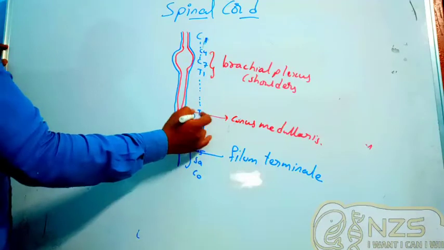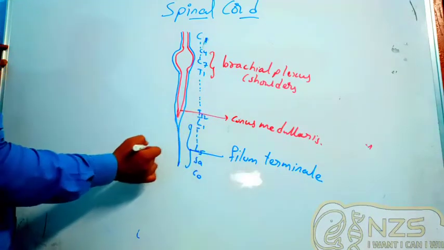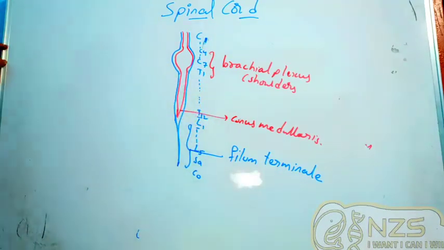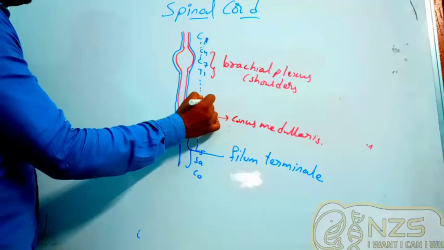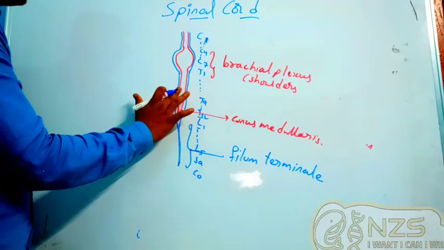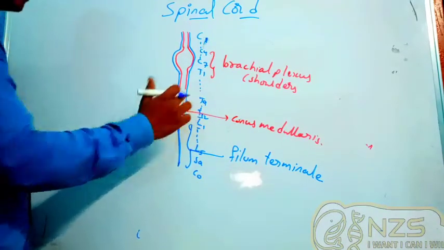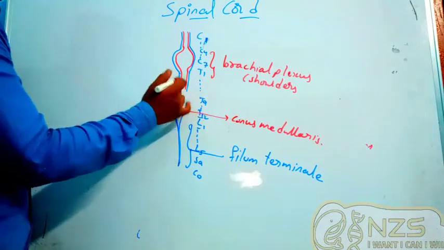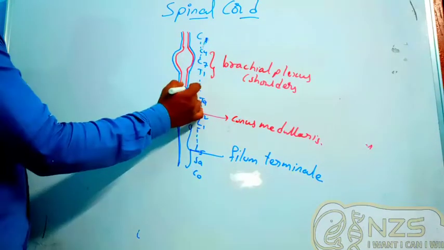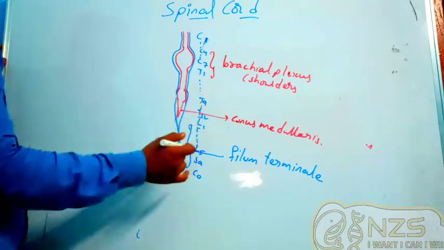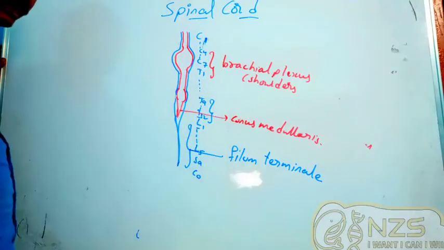And at the T11 to T12 region, if I'm not wrong, T9 to T12, here also we have one more swelling of the spinal cord, which is called the lumbar plexus. So we have two plexus in the spinal cord, two swellings we can say.